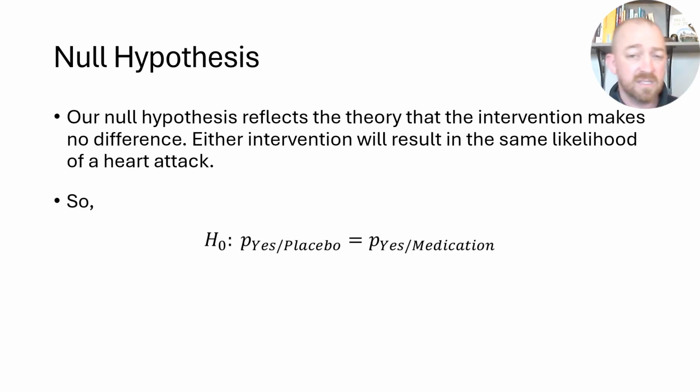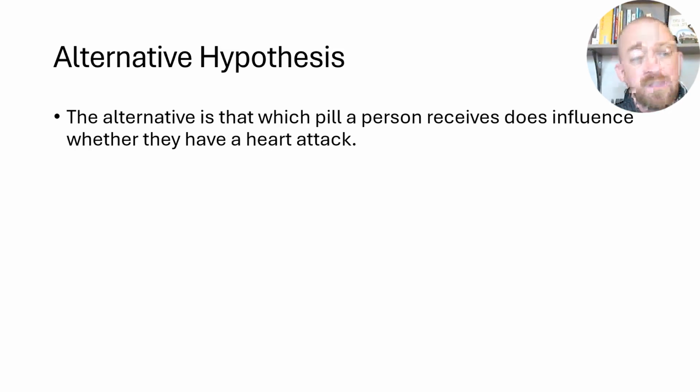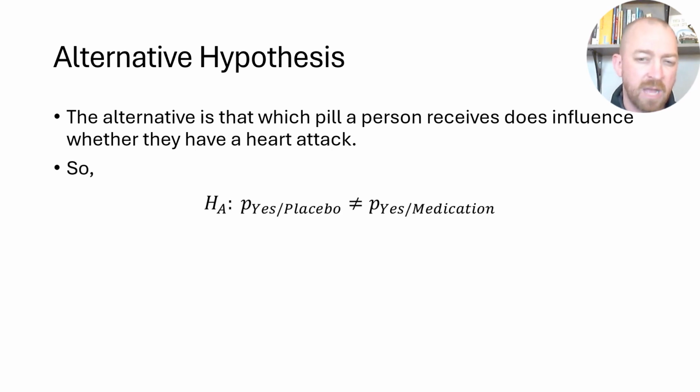So that would look like this in symbols. The null hypothesis, or default hypothesis, is that the probability of having a heart attack after having had the placebo is the same as the probability of having a heart attack after receiving the medication, okay? That's basically how we do that. The alternative hypothesis is, of course, that it does matter, and so there's something wrong with our null hypothesis.